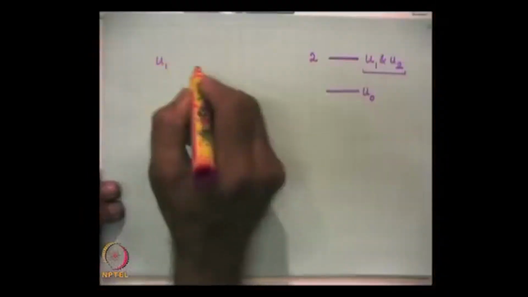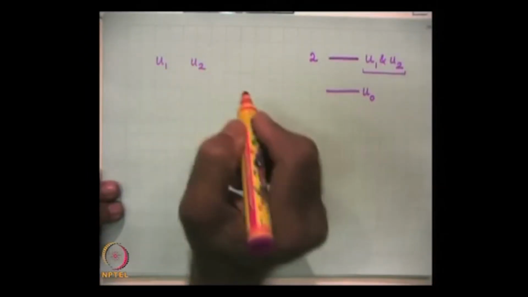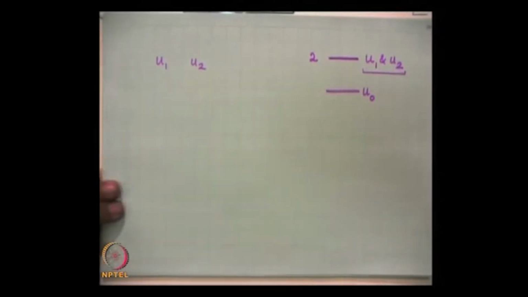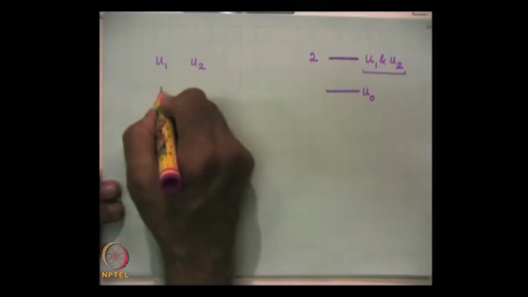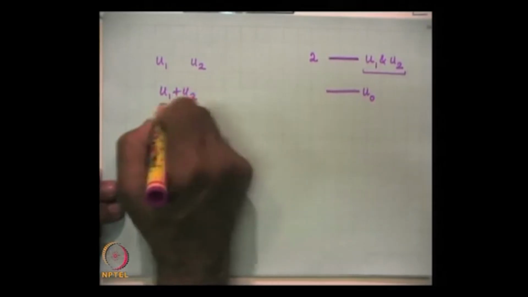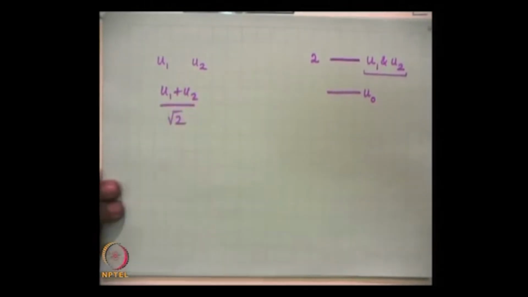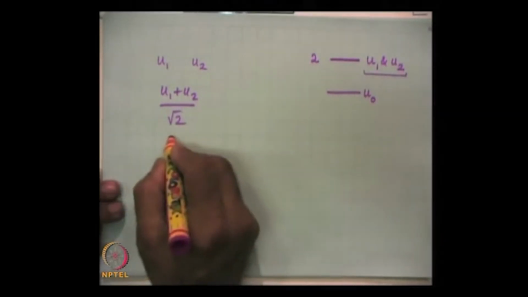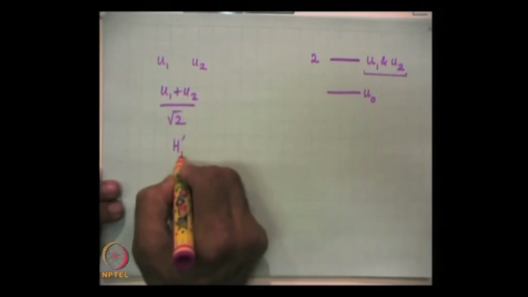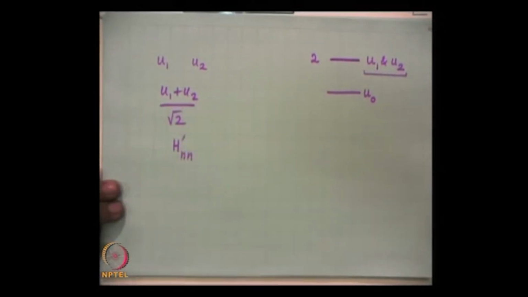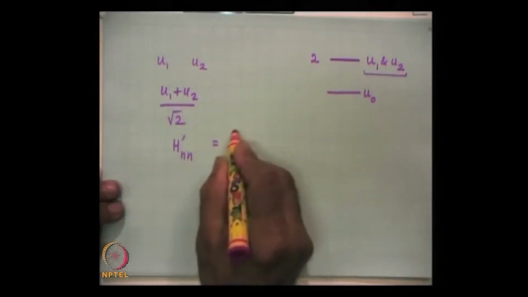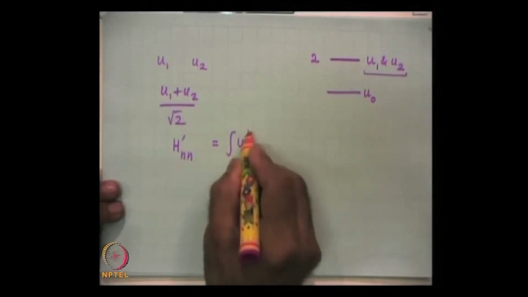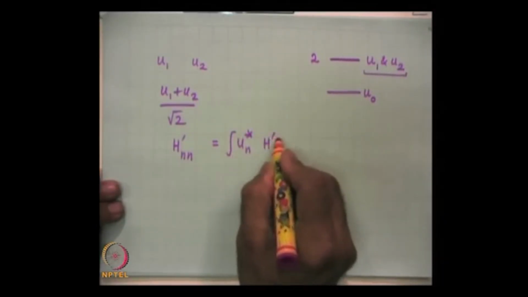That is, if U 1 is an eigenfunction and U 2 is an eigenfunction corresponding to a degenerate state, then U 1 plus U 2 by root 2 is also an eigenfunction. And so, the question arises, if I want to calculate H prime n n, then it is U n star H prime U n.